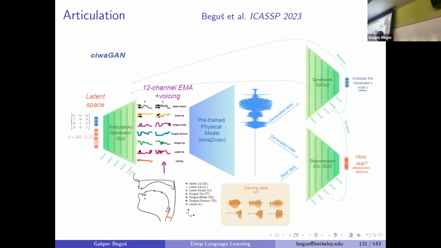And then we're showing that this learning works. It's a little bit more challenging to then have this Q network evaluating TIMIT, because this EMMA-to-wave is trained on a single British speaker, but that's ecologically valid, because we have only one articulator, right?